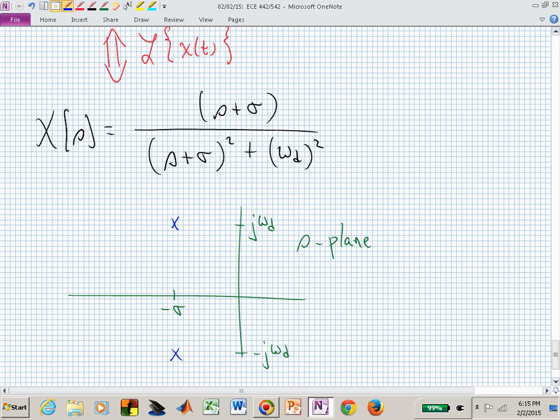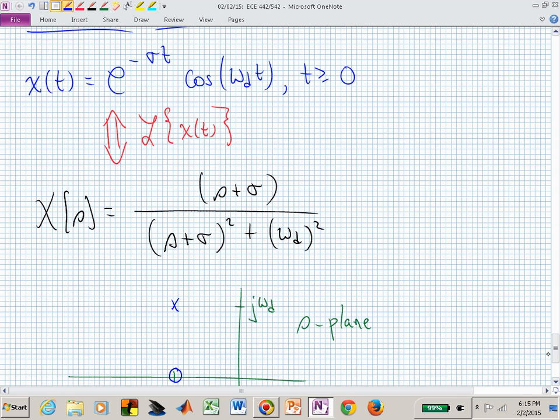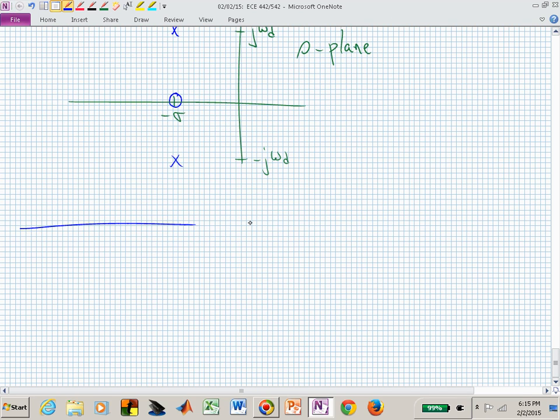Those are supposed to be complex conjugates of each other. If it's not clear that they're the same distance, they're supposed to be. And we have a zero right at minus sigma. That's the transform pair, the time domain and frequency domain, for an analog waveform, which is an exponentially damped sine and cosine. That's continuous time.